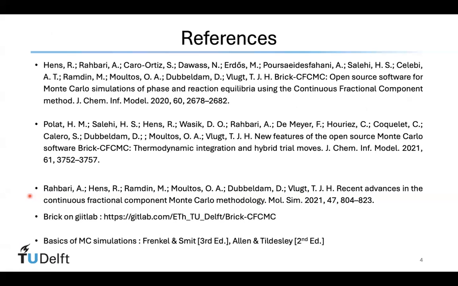The references for today's talk, or the contents for today's talk, are borrowed from these papers here. The papers by Hens et al., Polat et al., and Rabari et al. all summarize the key aspects of the CFC-MC, or the continuous fractional component Monte Carlo simulations, and also highlight the key features of the BRIC software and its functionalities.